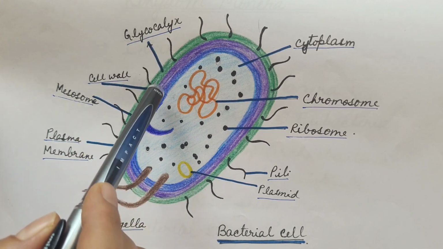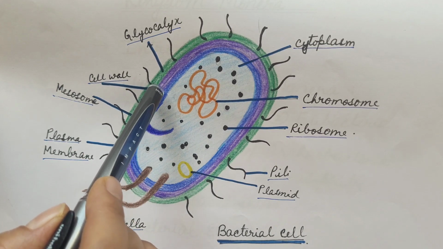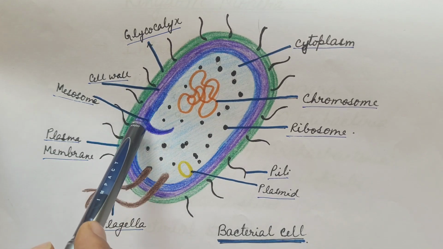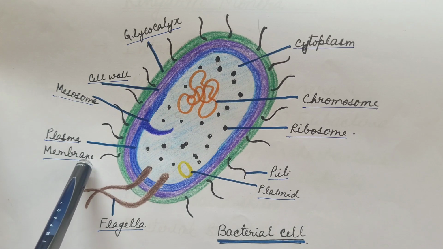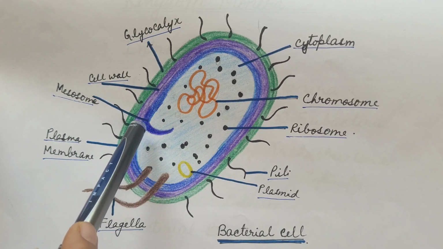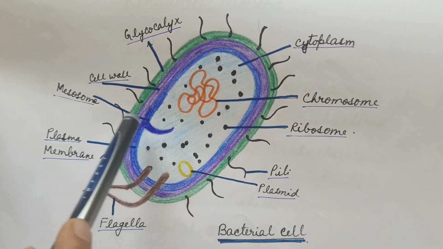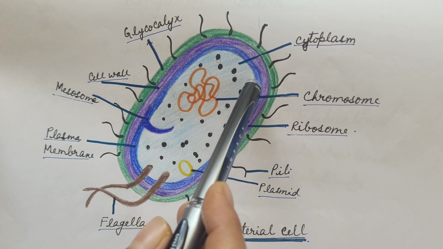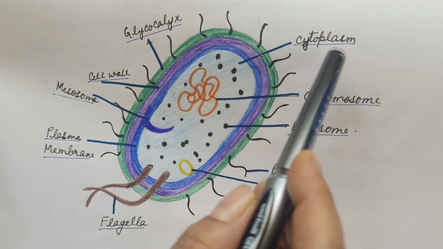The layer next to glycocalyx, shown in purple color, is known as the cell wall. The layer next to the cell wall, in dark blue color, is known as the plasma membrane. At some places, the plasma membrane invaginates in the cytoplasm, and this is known as mesosome. The fluid-like matrix which fills the inside of the cell is known as cytoplasm.